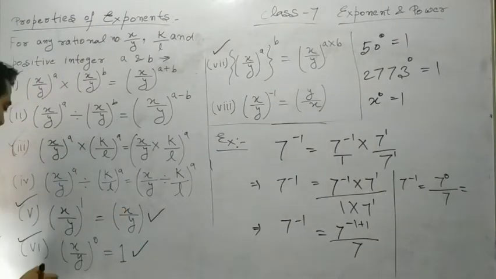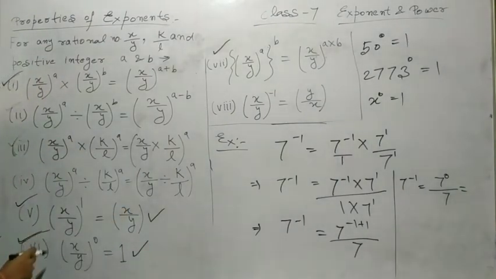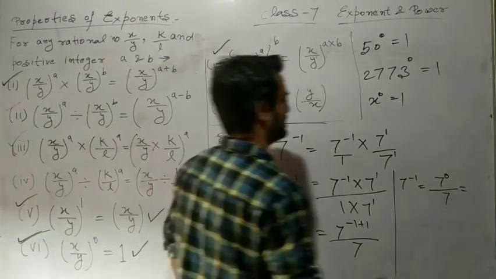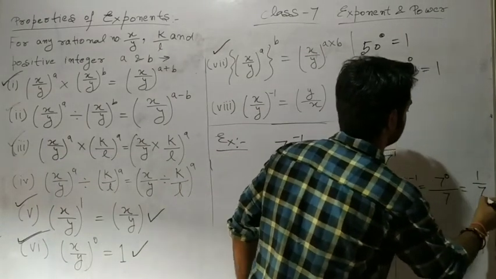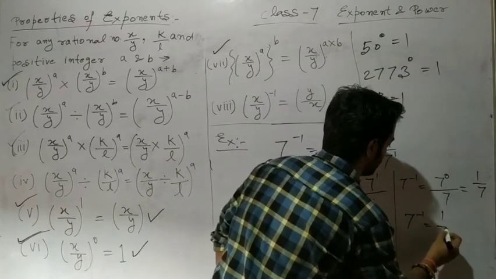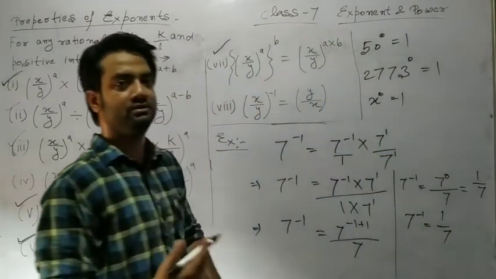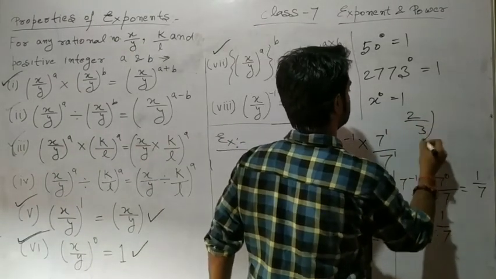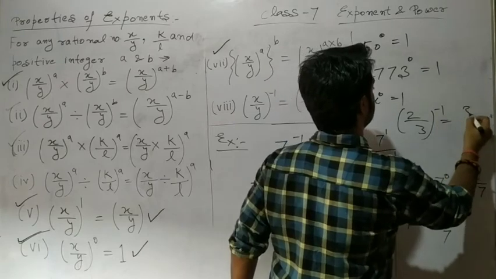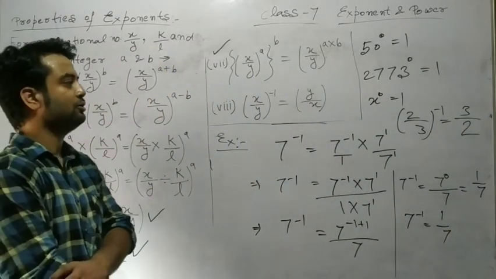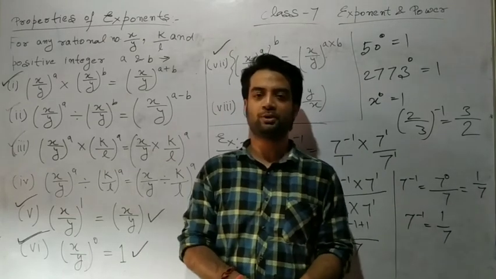We have studied by the 6th property, any number raised to the power 0 is 1. So it can be written as 1 upon 7. So actually 7 inverse is 1 upon 7. In the same way, in the previous example, 2 by 3 raised to the power minus 1 is actually 3 upon 2. Okay, so now I hope you have understood all the properties.